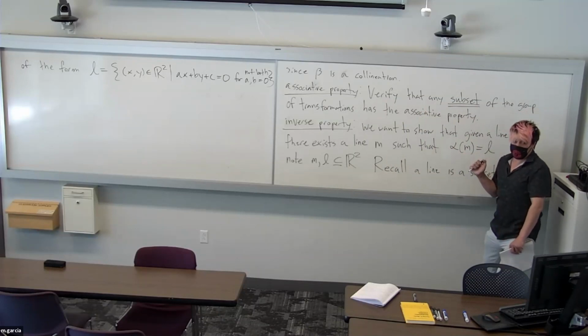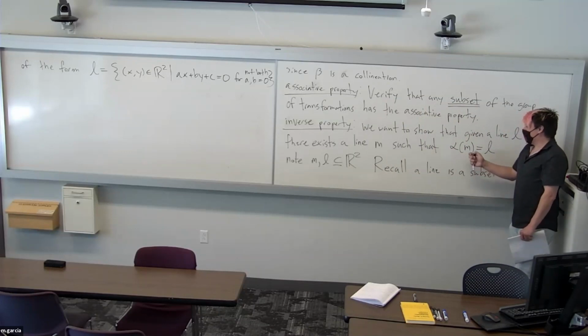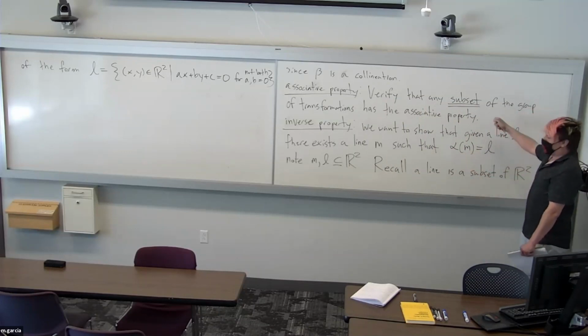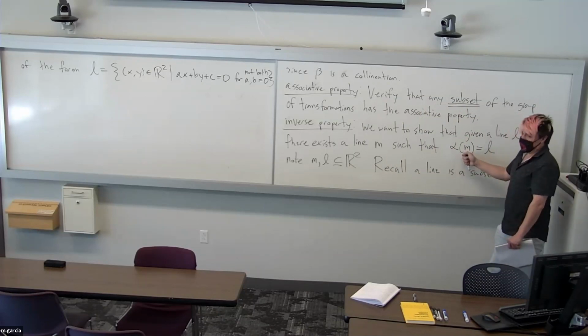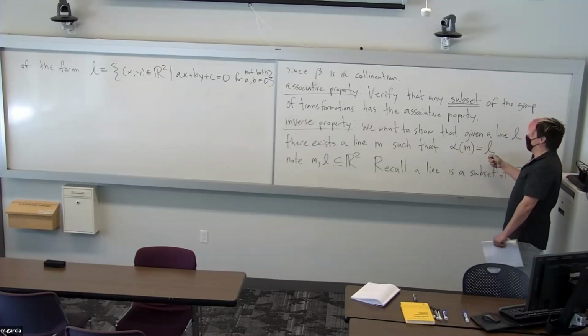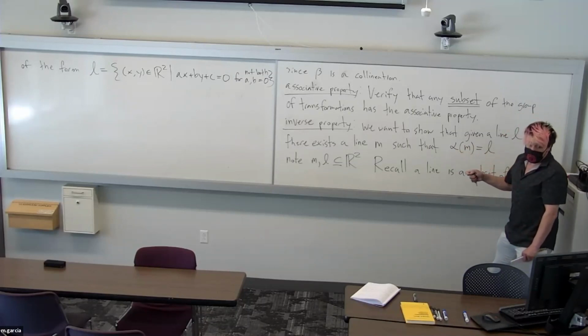And that's what we want to do. We want to guarantee that for any line L, we can find a line, a set M, such that the image of M under alpha is L.